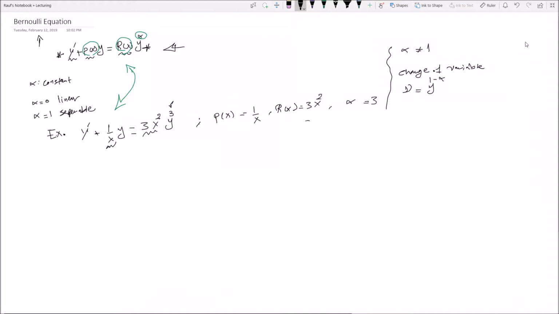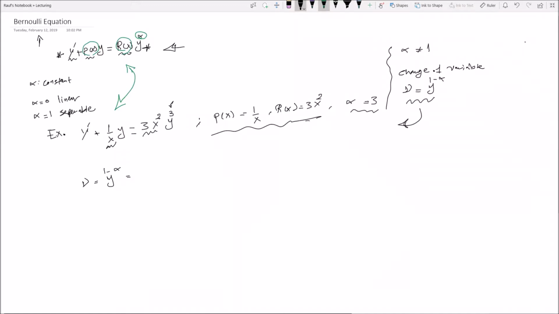Now we're going back to our example. We want to represent the change of variable in a way that relates to our example. So in this case, nu equals, as we said, y to the power of 1 minus alpha, and we know that alpha equals 3.